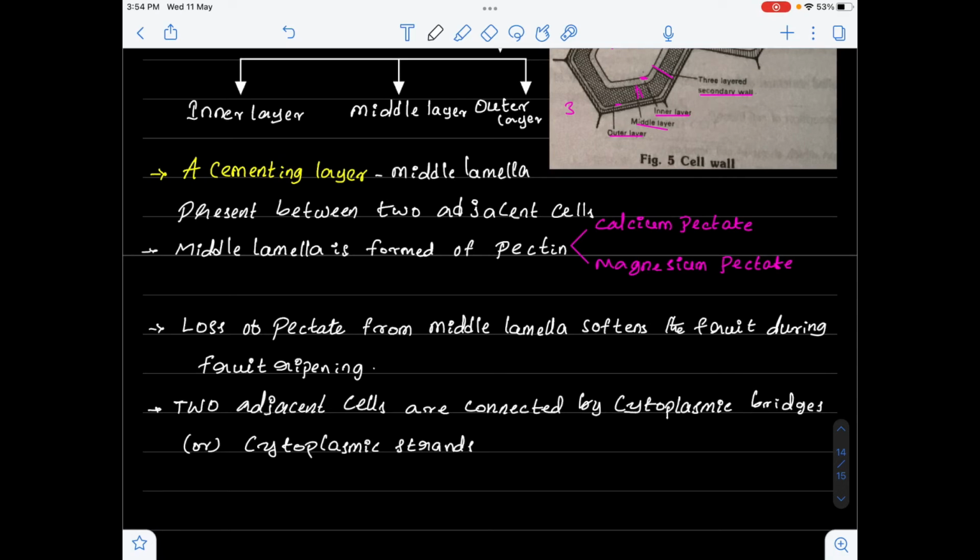These cytoplasmic bridges or strands, which connect the two adjacent plant cells, are plasmodesmata.